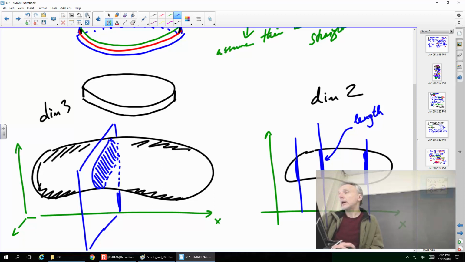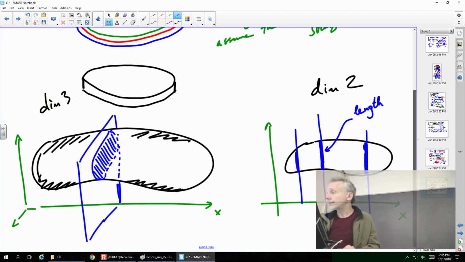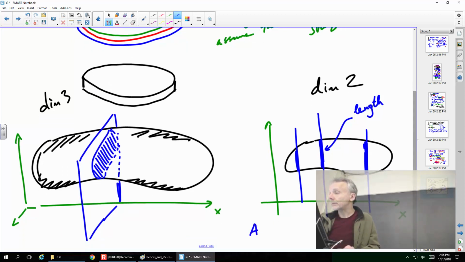Okay, and then what is the area of the region on the right, in terms of those lengths?